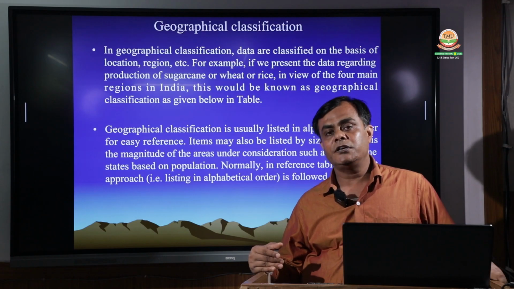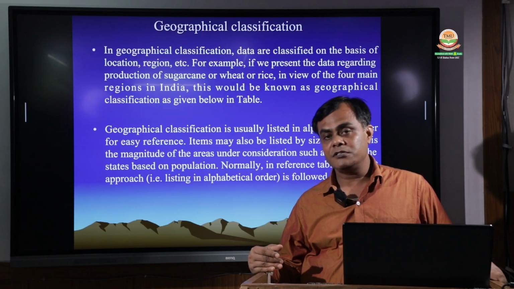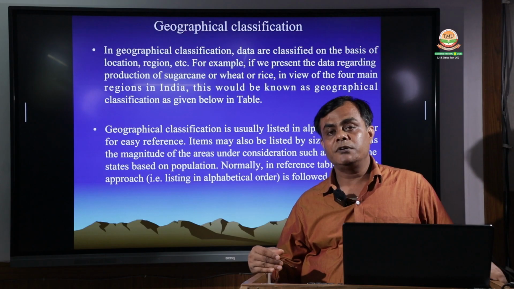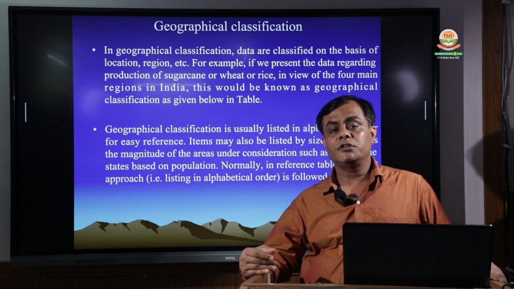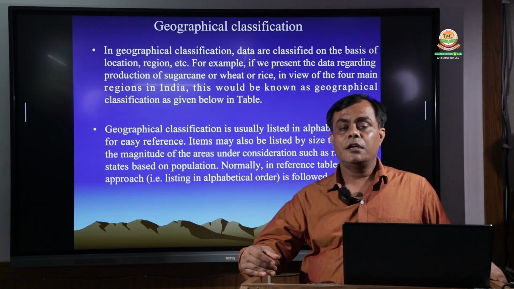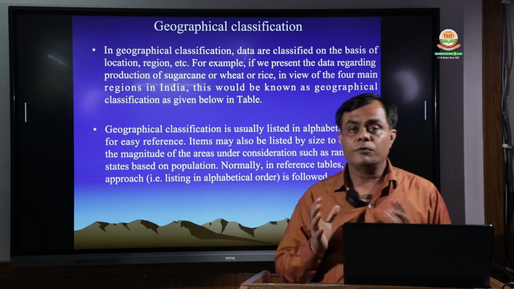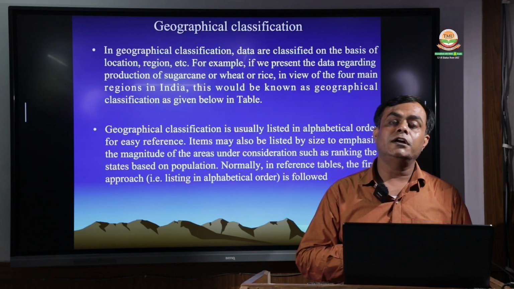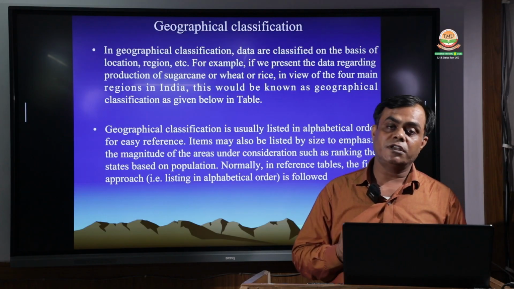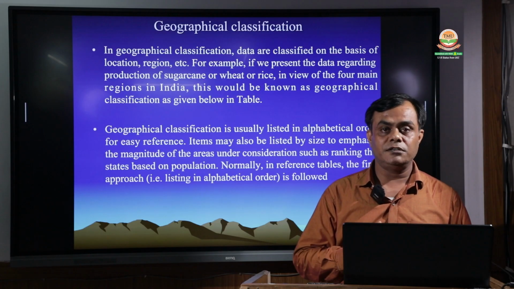First we collect village level data, then on that basis district data, then state data, then the country data, and with the whole state data accumulated, we can say the production of wheat in India, the production of sugar cane in India, or the production of rice in India.